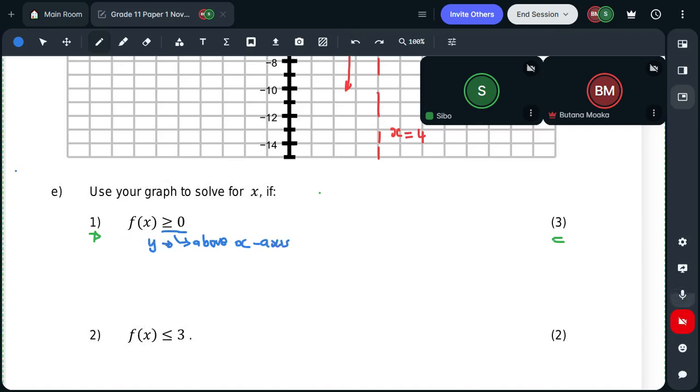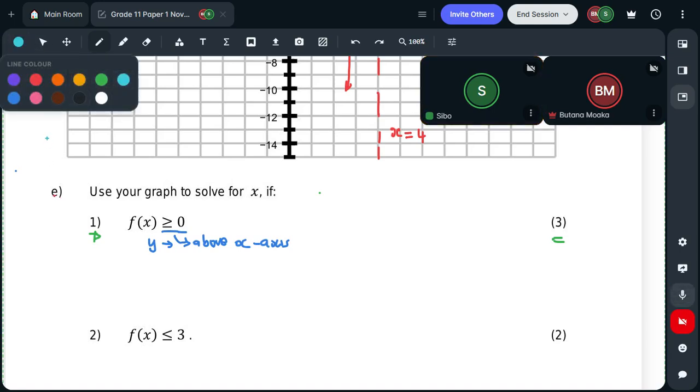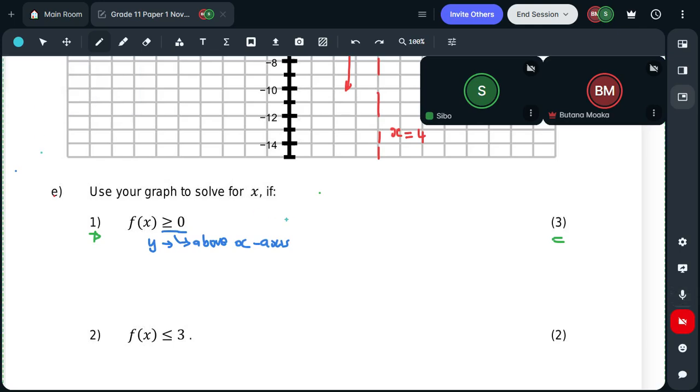Where is the graph above the x-axis? At 2. So they're asking you where is f(x) above the x-axis, right? Yes. Okay.